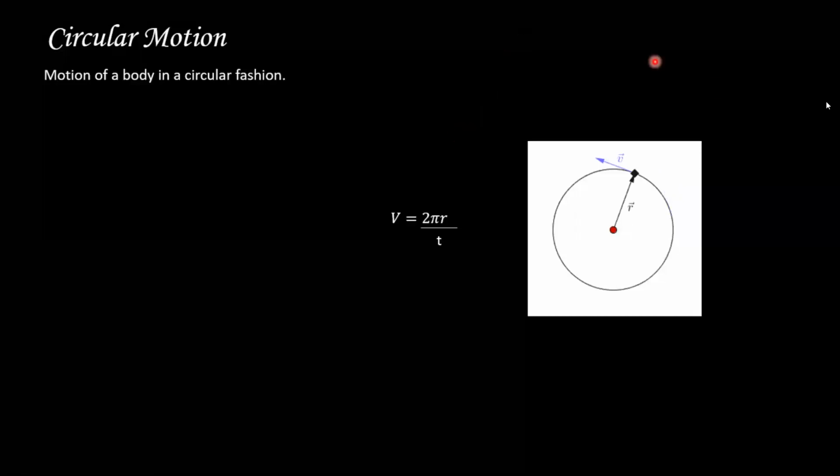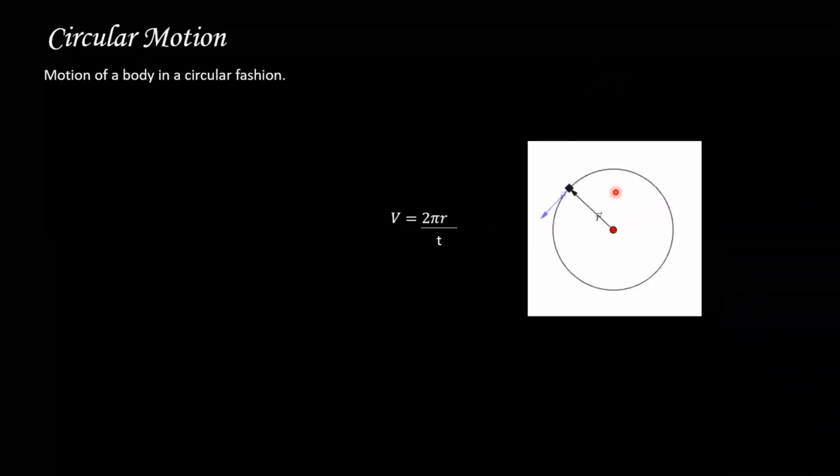Okay? So here you can see a GIF. We have a circle like this, and we have an object over here, and it is moving in a circular fashion. Why is it moving in a circular way? Because you can assume that it is a tire or a wheel of a vehicle.